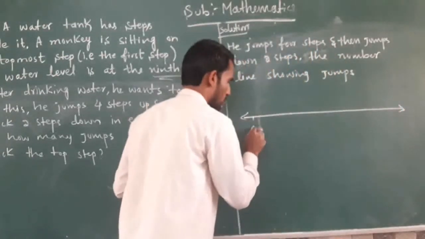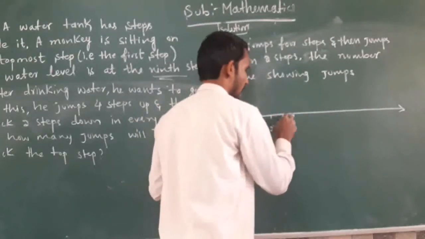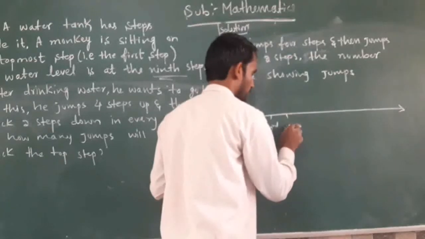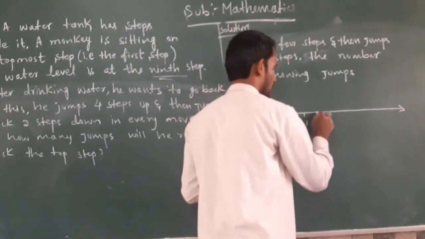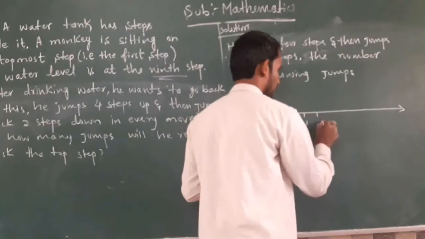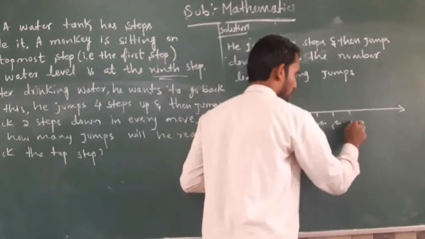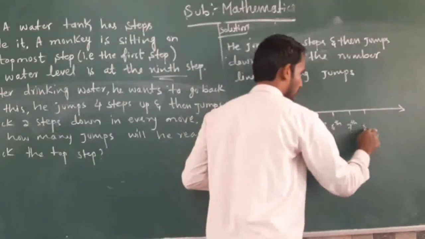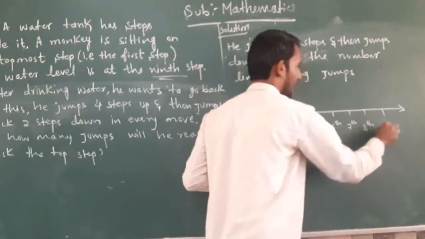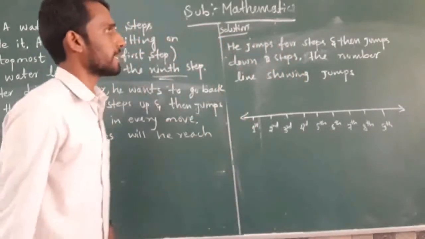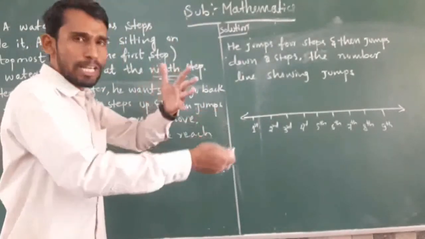This is first step, second step, and third step, fourth step, fifth step, and sixth, seventh, eighth, 9. This is the 9th step. That monkey jumping 4 steps upside, again jumping 2 steps downside.